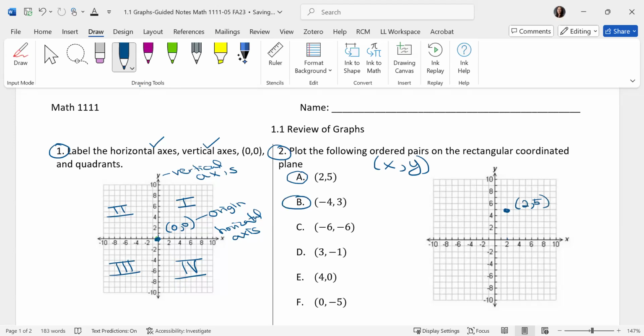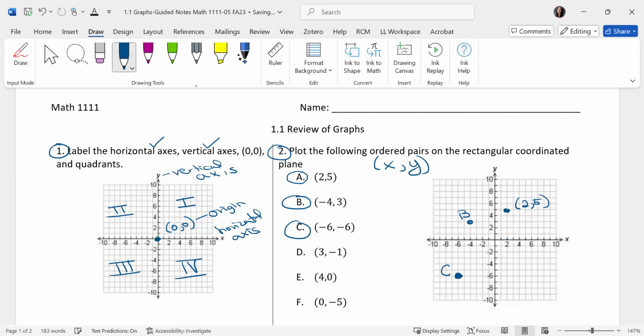For -4, 3, the x value is -4, the y value is 3, so we go to -4 on the x and go up. And so you can see it's where the x value is -4 and the y value is 3. So actually, let me just label this point B. See -6, -6, go towards the -6 x value and then go down for the -6 y value.